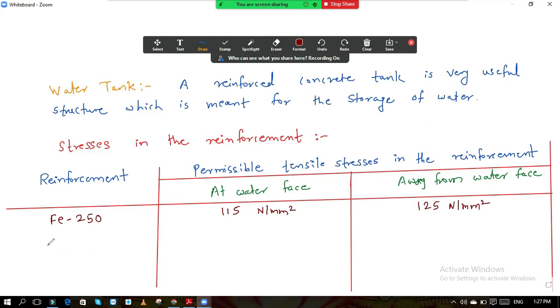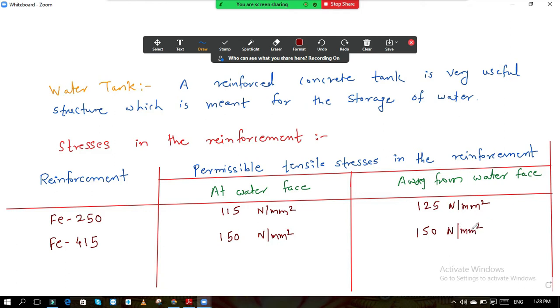For Fe415, it is 150 Newton per mm square, and this is also 150 Newton per mm square.